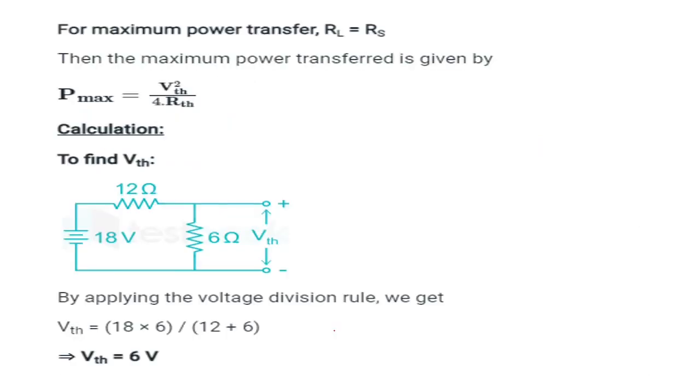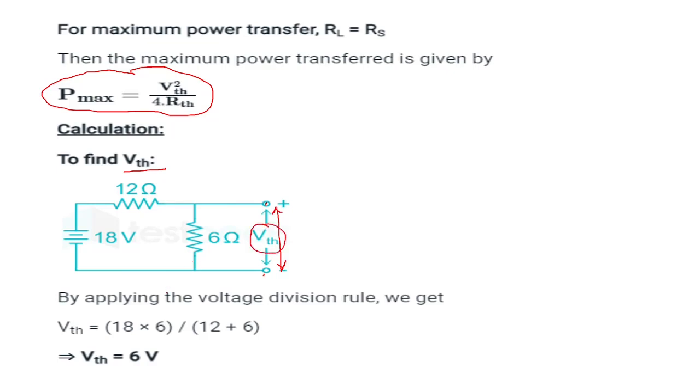So here we'll see in this maximum power formula, as we have seen earlier also, Pmax is equal to VTH square upon 4RTH. If you have to find out VTH, then we have to consider the circuit like this, and across these two terminals, whatever voltage we are going to get, that will be our VTH.